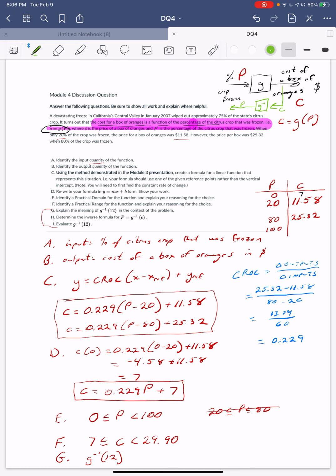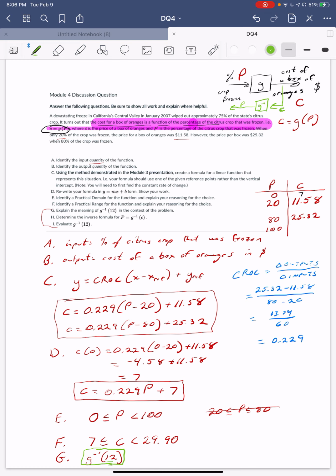So this 12 here is the input into the inverse function, which makes it cost. So that 12 is $12. However, this whole expression is not $12.